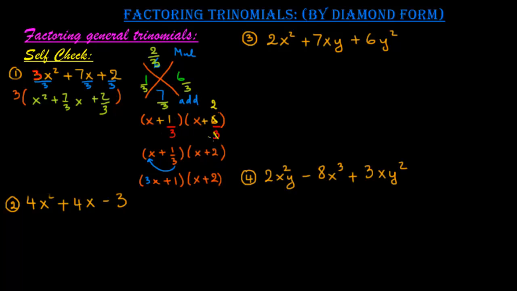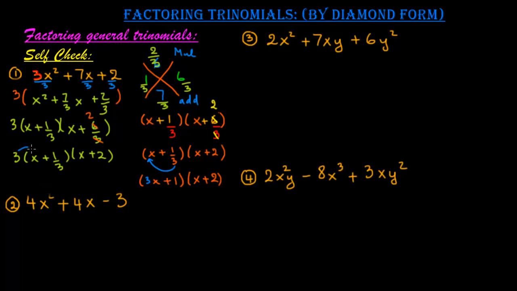So we will have the answer 3 times x plus 1/3 times x plus 6/3. The next step is reducing. 3 goes into 6 two times, so we will have 3 times x plus 1/3 times x plus 2.